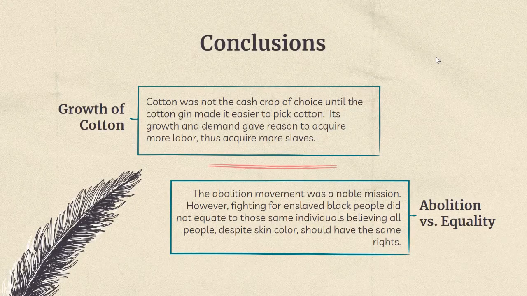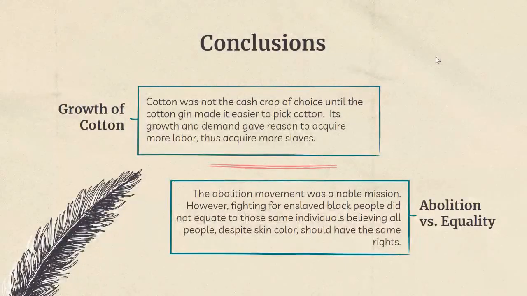Let's take a look at the conclusions. We just touched on this last one, the growth of cotton. You bet that picked up big time. And keep in mind, the growth of cotton is correlated with the growth of slaves. One thing that we did not discuss in here, but it is worth noting right away because it will be brought up at the end of this unit, abolition versus equality.